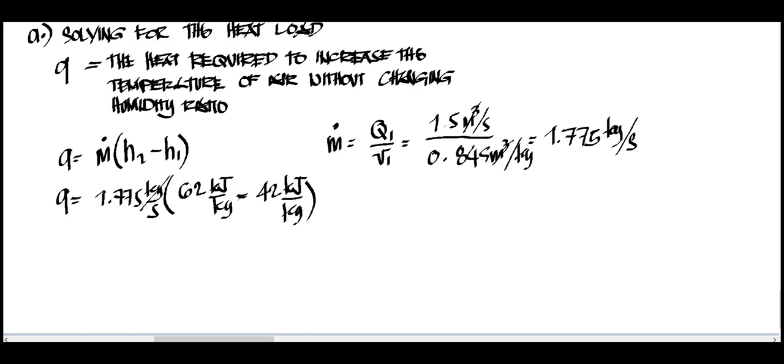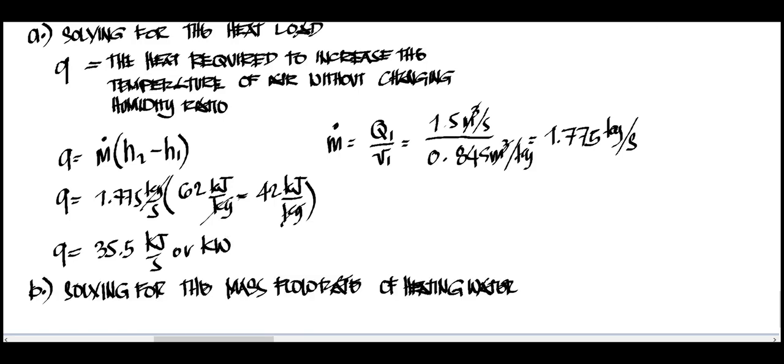The units cancel, so what we have now is 35.5 kilojoule per second, or in terms of kilowatts.